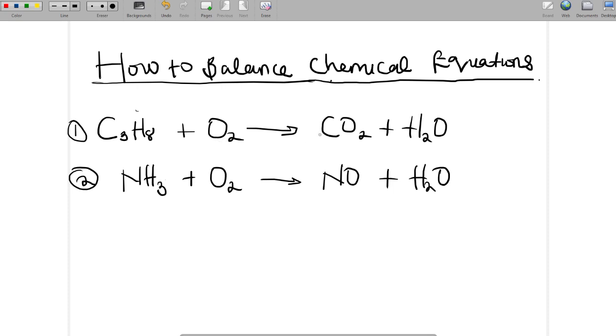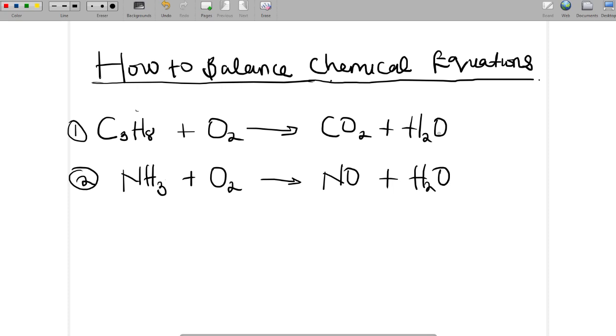Now, if you go to the right, you will notice that we only have one carbon atom. However, we have three on the left, which means that the carbon atoms are not balanced. For the oxygen, we have two here, but it doesn't end here because we also have one other oxygen atom.